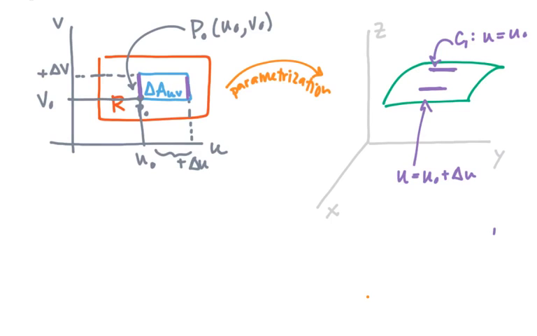So those are these two bounds on that rectangular area mapped onto my surface. Similarly with my V values over here, I've got curve 2, which is V equals V naught, and then further away we would have V equals V naught plus delta V.